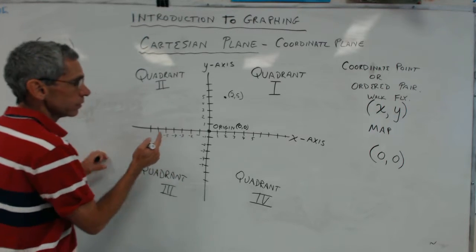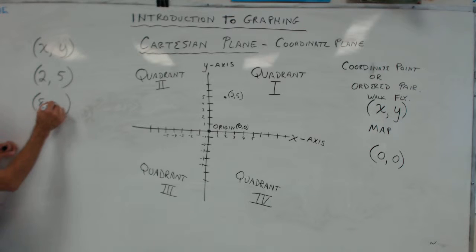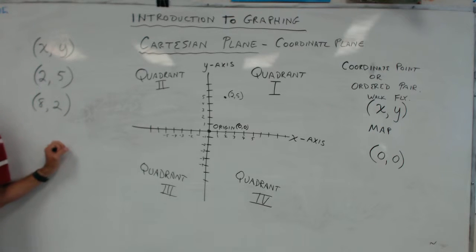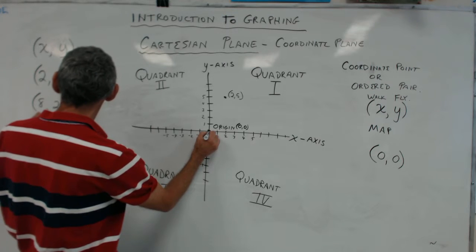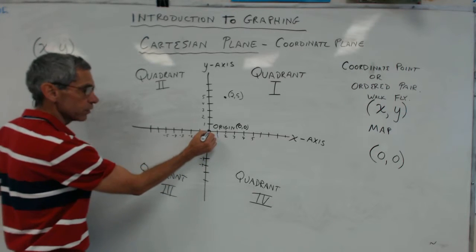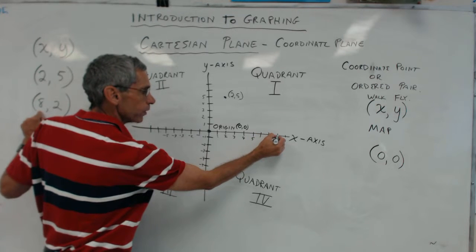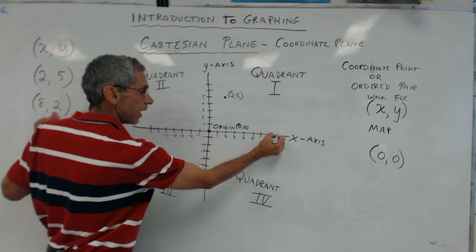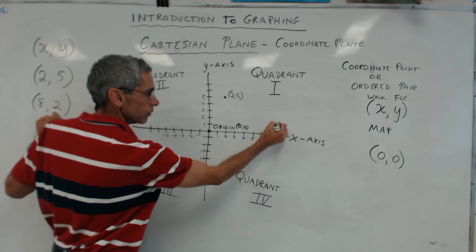So notice, let's do a couple more in this quadrant. Let's say I have 8, 2. Again, I start at 0, 0, and the very first number is what I walk. I walk along the ground. I go to 8, 5, 6, 7, 8, but I don't put a dot there because I still have to fly 2. So I go up 2, and I put my dot at 2 up there.